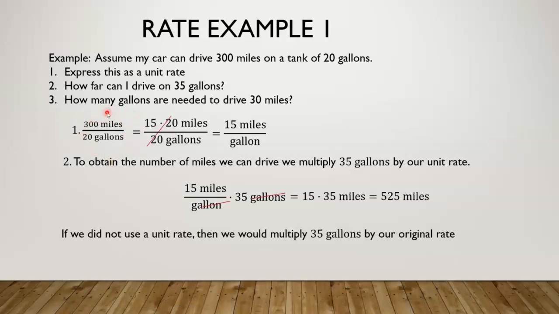It's still the same process: you would multiply by 35 gallons. If we didn't have the unit rate, you can still solve the problem by multiplying. The numbers are bigger, so it might be a little more complicated, but the idea is the same, because the unit gallons cancel. And we're left with 300 over 20 times 35.